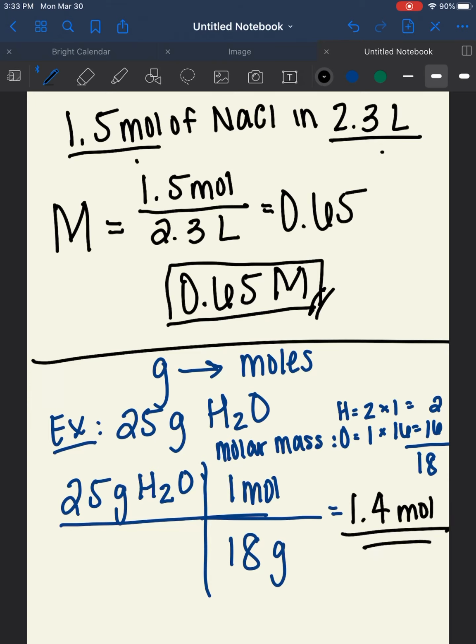Okay, so now that you have the moles, you would be able to continue with your calculations using the molarity equation. But this one was just a review. This is something that we covered beforehand. We've already solved how to find molar mass and all that good stuff before. So that was a quick review just in case you forgot how to do that.